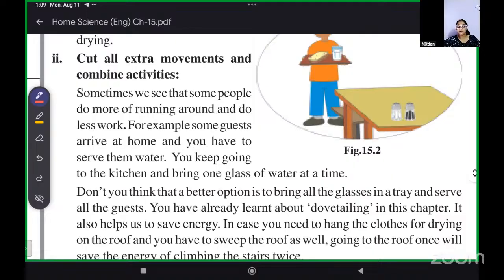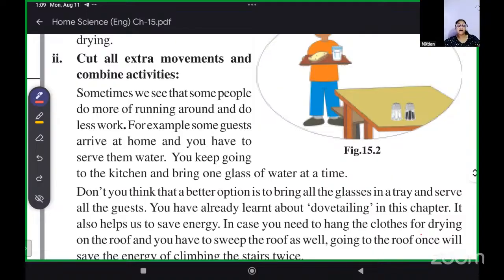Now suppose four guests are coming. We do not go to the kitchen, bring one glass, give it to one guest, go back, bring a second glass, give it to another guest, go back, bring a third glass. We do not do this. We take all the four glasses together in a tray and then we serve them.